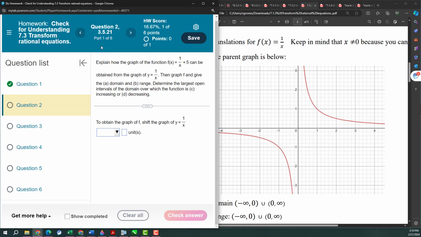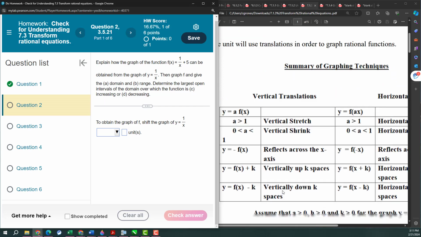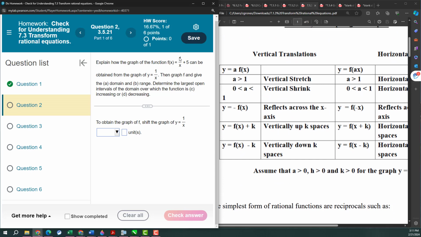It says explain how the graph of the function f of x equals 1 over x plus 5 can be obtained from the graph of y equals 1 over x. So very similar to what we just did. I'm just going to do the graph part. I'm not going to go through everything. So we have 1 over x plus 5.